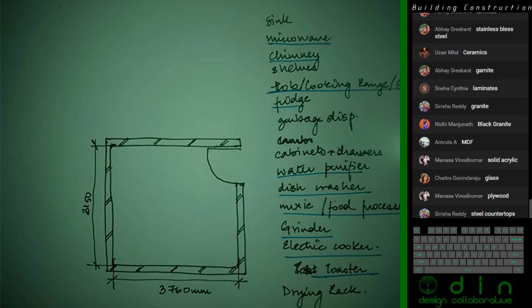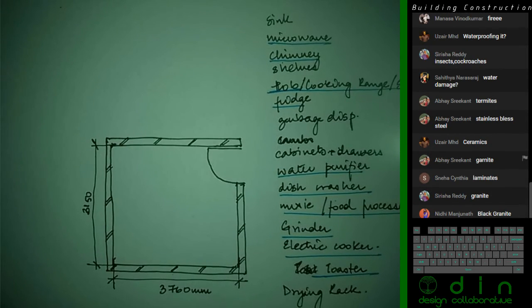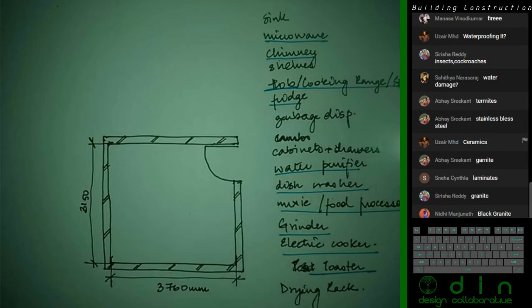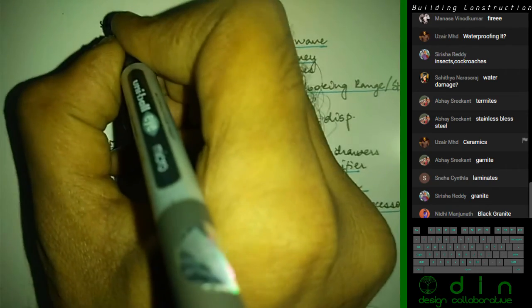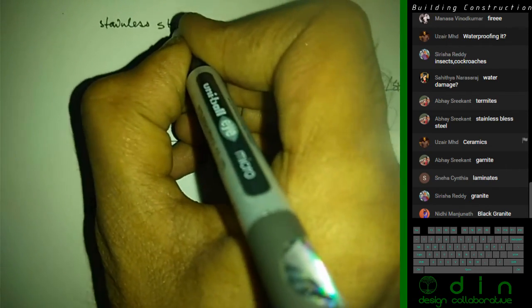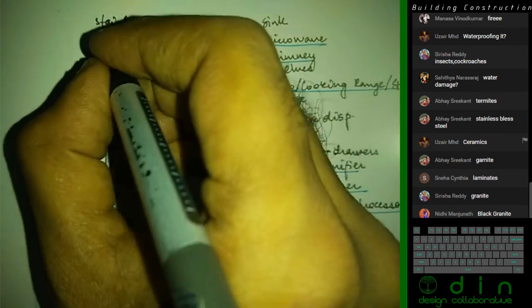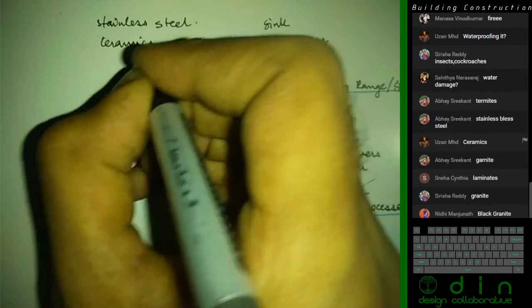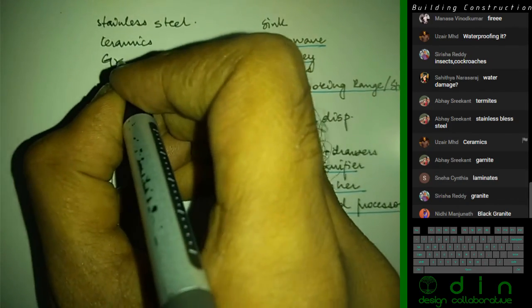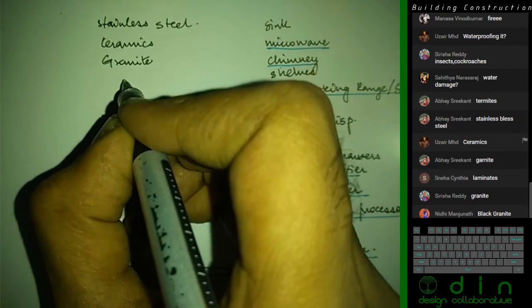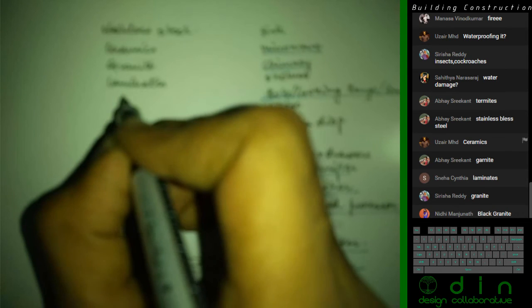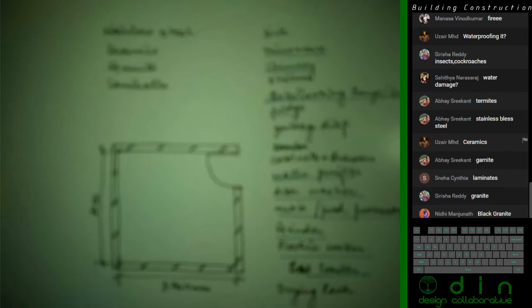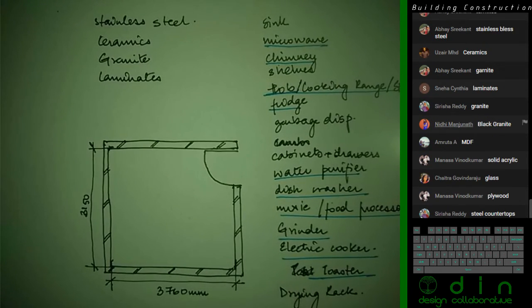That's a lot of materials that I missed. Okay, so going back, there are stainless steel, which we should write down also. Stainless steel, ceramics, granite, laminates, granite again, black granite, solid acrylic.